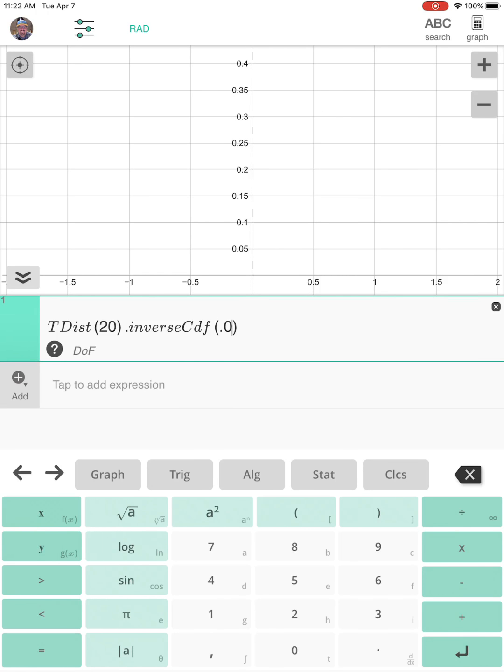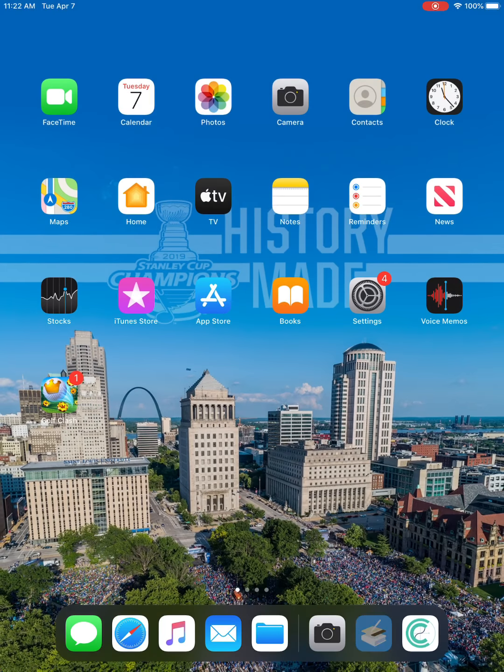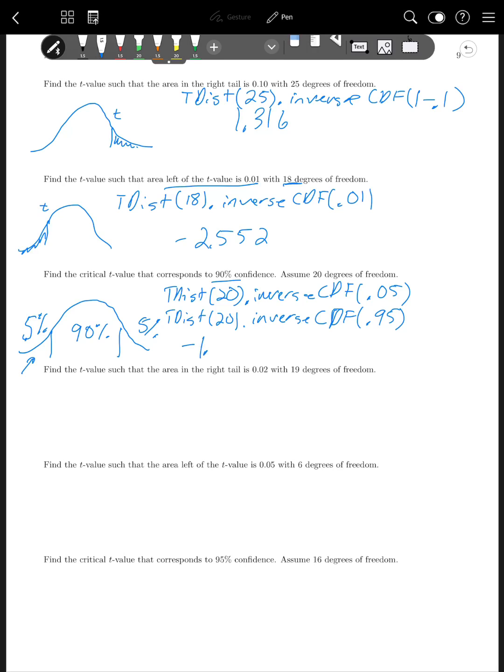And then I also need to do the same thing for the right one, which would be 90% plus 5%, which is 95%, or 0.95. Okay, so we can go into the calculator, put in 20 for our degrees of freedom, and then we can put in 0.05, and we get negative 1.725.